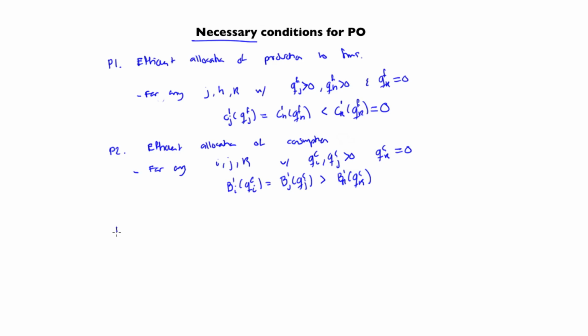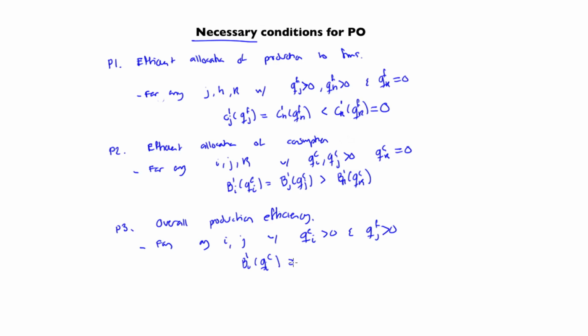And finally, there is a third property that we're going to call overall production efficiency. And this just says that for any consumer I and firm J with the amount consumed greater than 0 and the amount produced by that firm greater than 0, we need to have that Bi prima of Qiz has to be equal to C prima of J of Qfj.